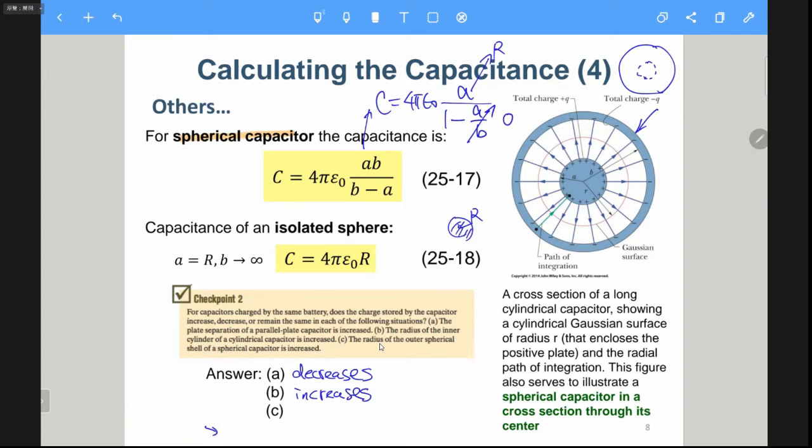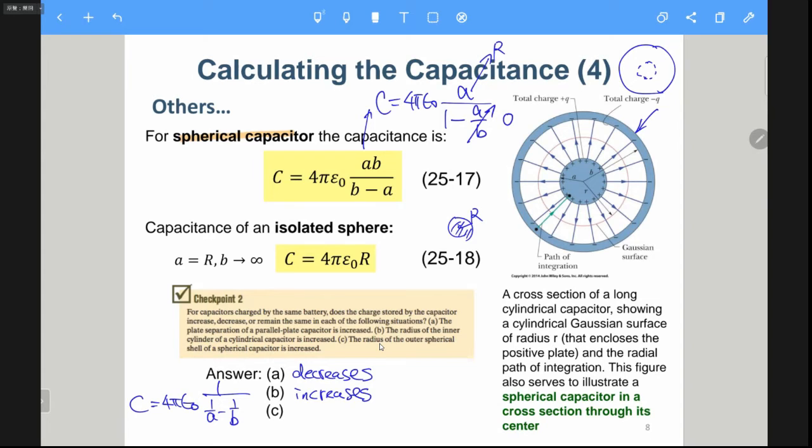And then for the final one, the radius of the outer sphere. C equals 4 pi epsilon naught AB over B minus A. Or we can make it like 1 over A minus 1 over B, like this. We just divide AB on both the denominator and the numerator.